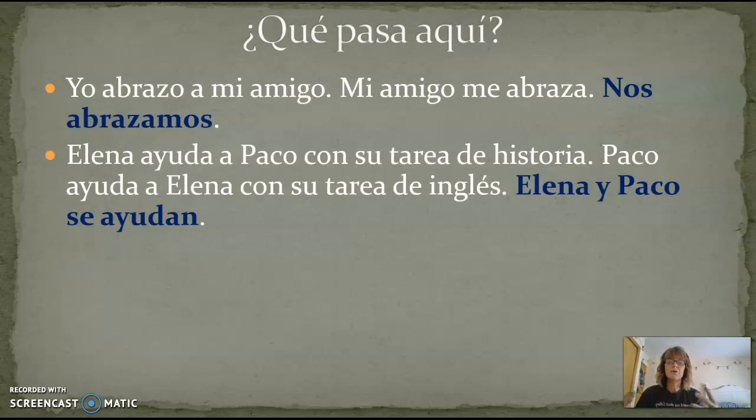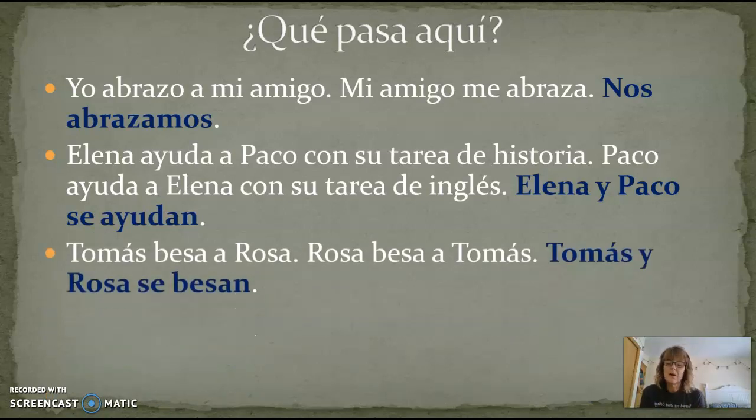Elena y Paco se ayudan. Tomás besa a Rosa. Rosa besa a Tomás. Tomás y Rosa se besan. Nos abrazamos. Ellos se ayudan.